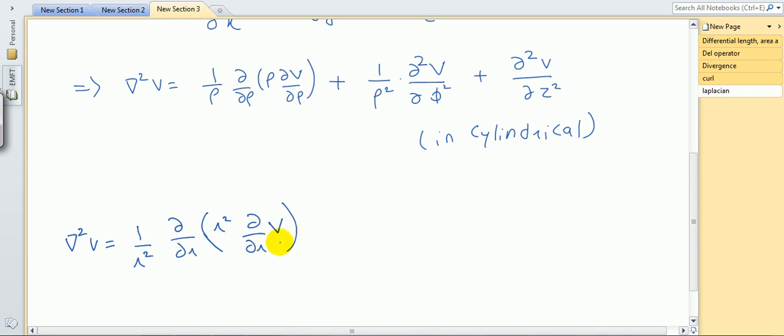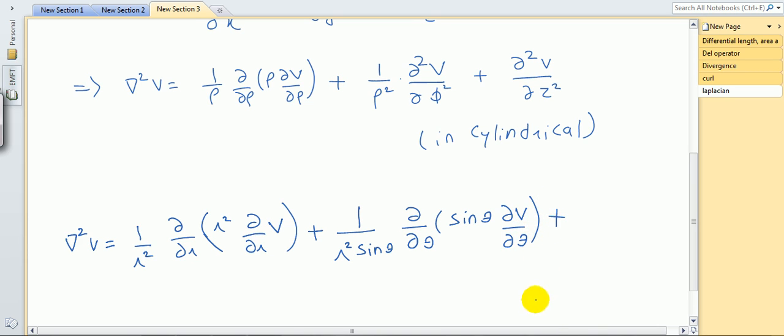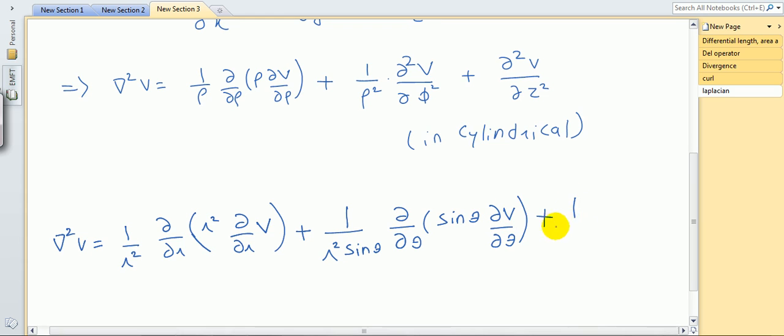So this is the first term, plus 1 by r square sine theta del by del theta, and sine theta will be multiplied, then del by del theta of v, that is del v by del theta, and the last term will be 1 by r square sine square theta del 2v by del phi square.